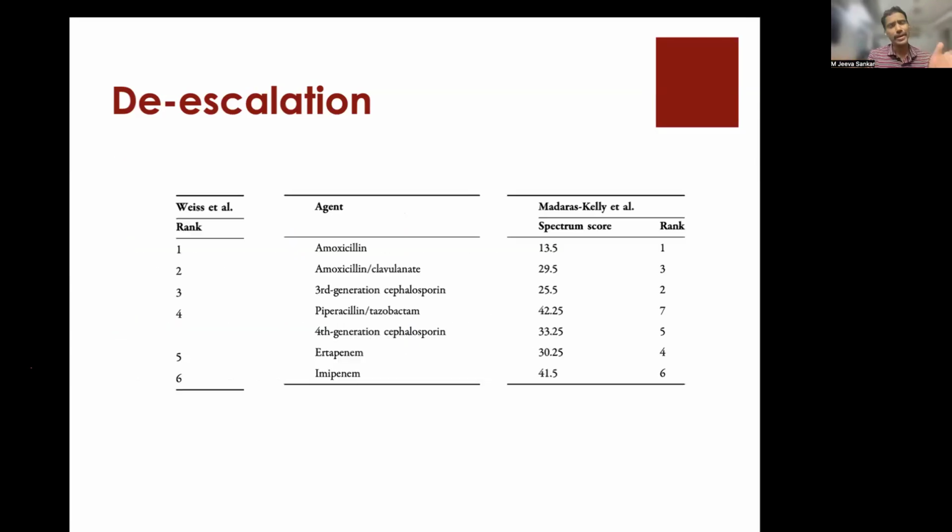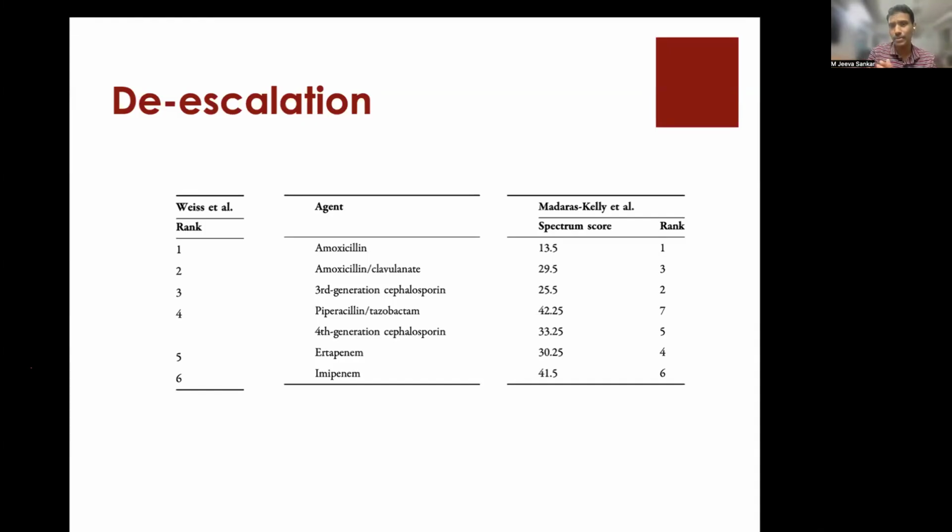And for de-escalation, people have ranked the antibiotics, and there are many ranking systems available. These are the two commonest ranking systems. One is by Weiss et al. These are quite old ranks, but we can still use them. They rank from 1 to 6 in terms of keeping antibiotics in reserve. So amoxicillin is to be used first, then amoxiclav, then third generation cephalosporins, then piperacillin-tazobactam, then ertapenem, and then meropenem.